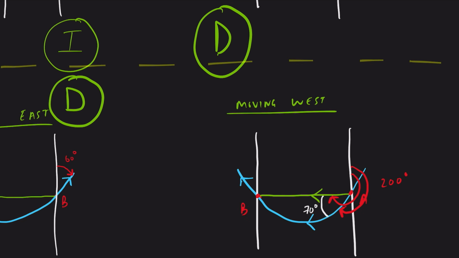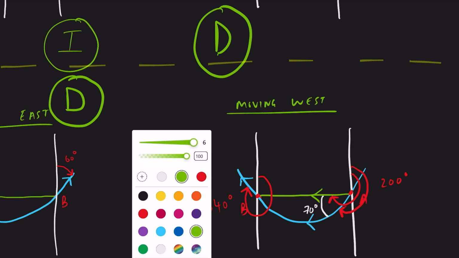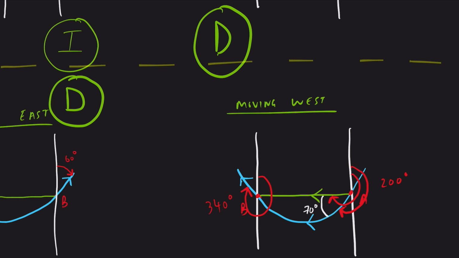Now talking about the great circle bearing at B. I'll start from the longitude in the clockwise direction till I hit the great circle, which is crossing B. And I see that this angle comes out to be 340 degrees. So I can say that the great circle bearing in the southern hemisphere when I'm moving in the west direction is increasing. So I have all four diagrams ready.